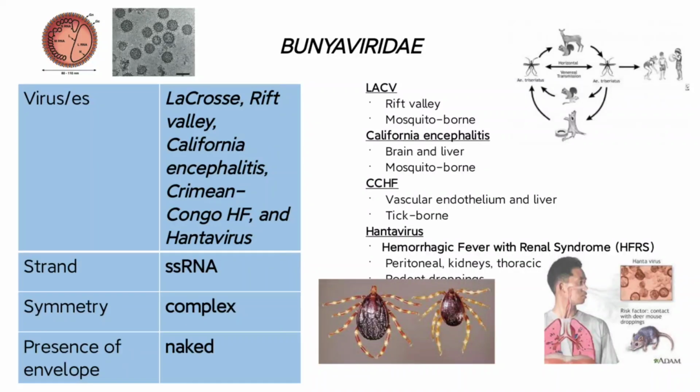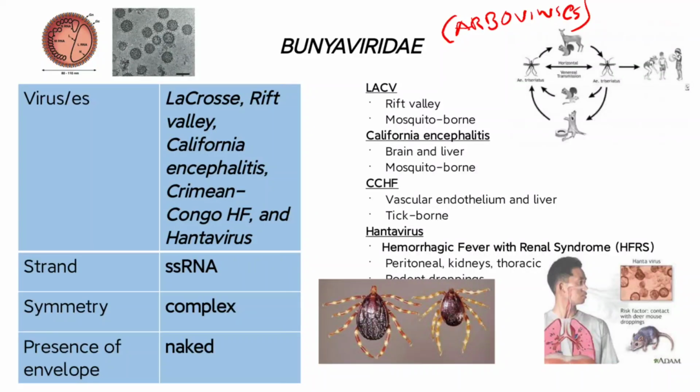Next, we have the Bunyaviridae. So, Bunyaviridae is also considered as your arbo. Kasama din siya sa arboviruses. Okay? So, ano kasi? Pag sinabing arboviruses, galing sa arthropod. So, arthropod-borne yung inyong virus. So, for this case naman, we have the LACV or the La Crosse virus, and then the Rift Valley, California encephalitis.